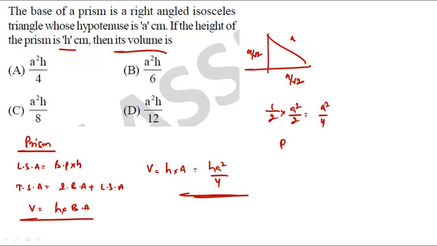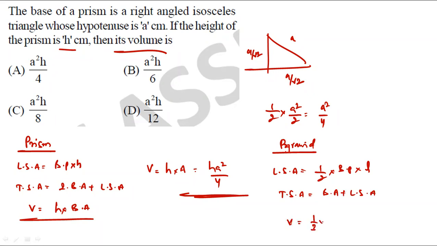For a pyramid, lateral surface area is equal to half into base perimeter into slant height. Total surface area is 1 base area added to lateral surface area. And what is the volume of the pyramid? 1/3 of base area into height is the volume of the pyramid.